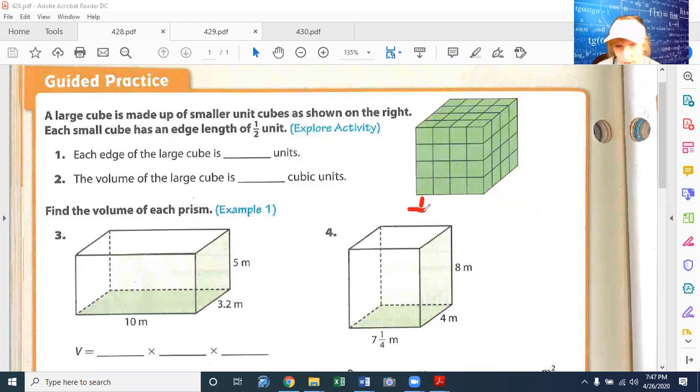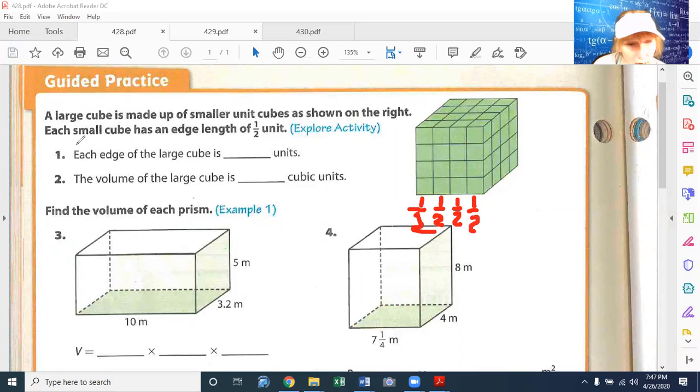So let's mark that. Always in geometry, you want to draw your drawings and then label them. So I'm going to draw 1/2 for each of these, and the last one is 1/2 as well, right?